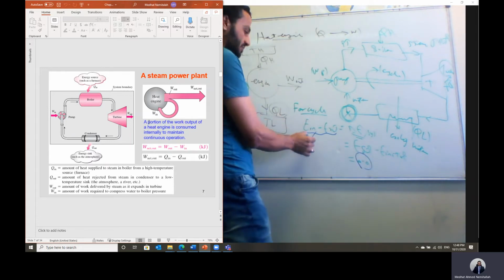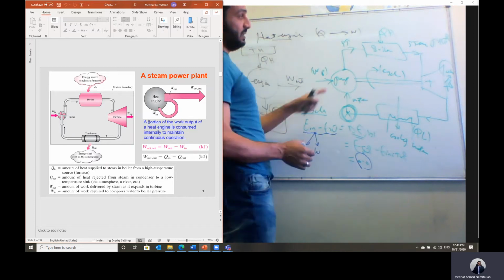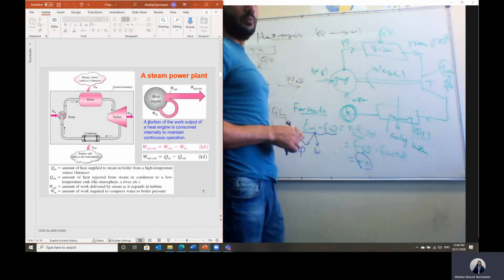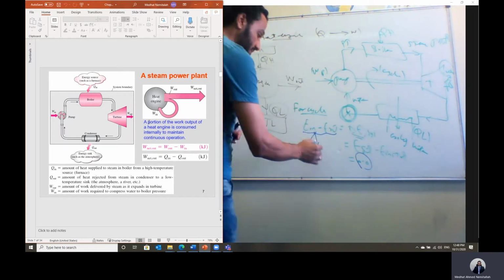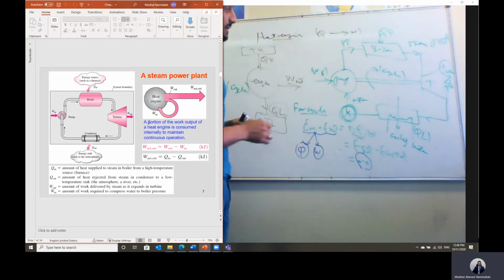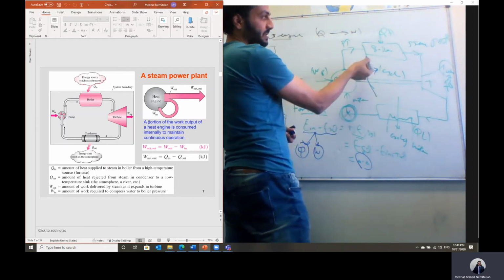But what kind of energy transfer in or out do we have in this case? Energy can transfer by heat, in the boiler and the condenser. And also energy can transfer in the form of work, like in the case of the pump and the turbine. But do we have mass transfer in this case? No, we have just the working fluid circulating inside.